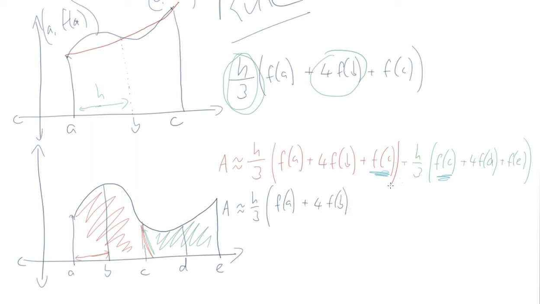There's 2 f of C's. There's 4 f of D's. And there's an f of E. Okay, so ugly. I get that it's ugly. What you want to note is 4 of these and 4 of these, and then 2 in the middle.